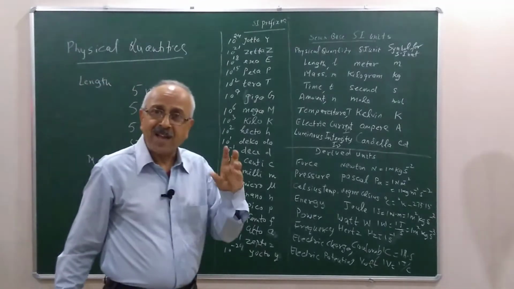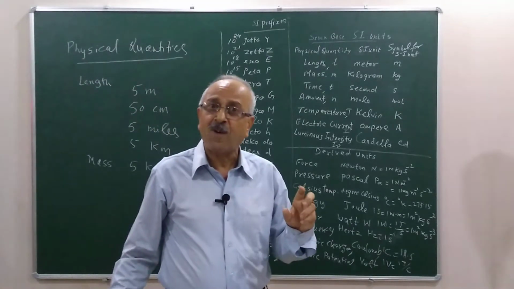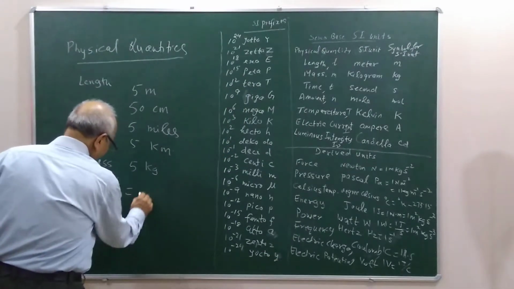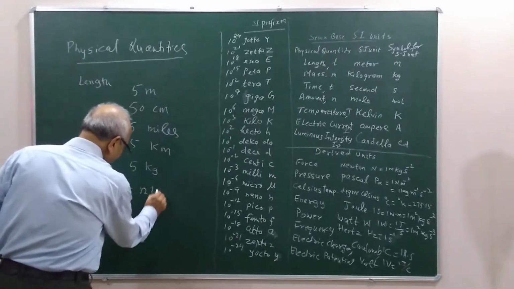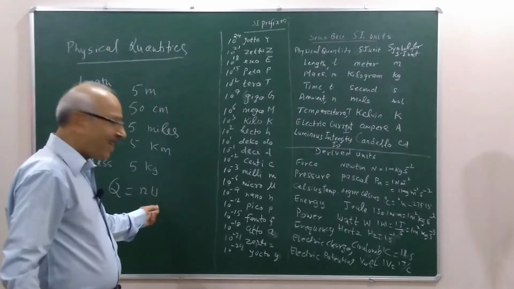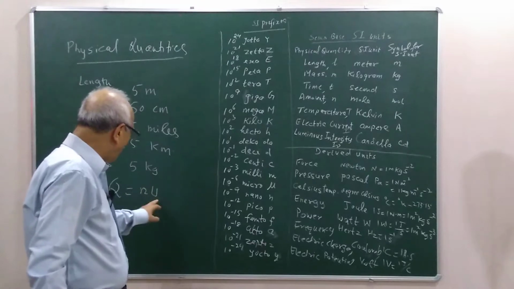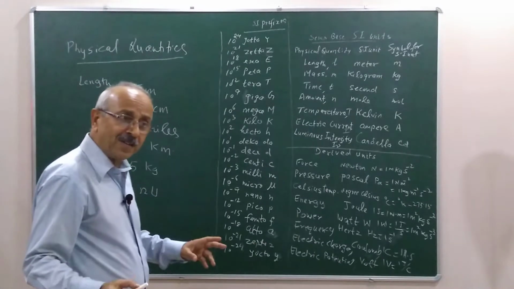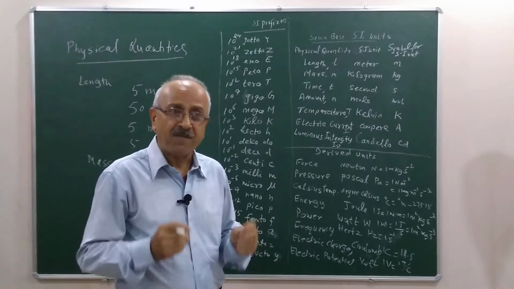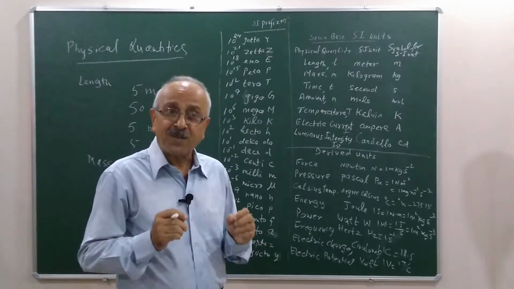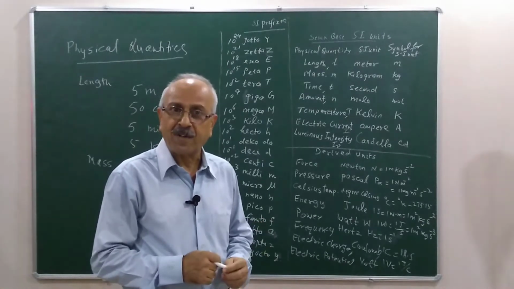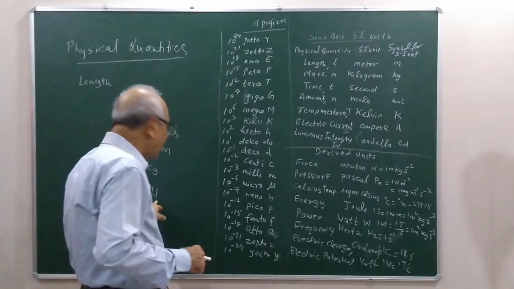In other words, I can express any physical quantity in two things. Q is my physical quantity, and I am representing a number and a unit. So any physical quantity can be expressed as a product of a value and a unit. We always do the measurement by using some reference, some standard, in order to measure our physical quantity, and that is what we call a unit.